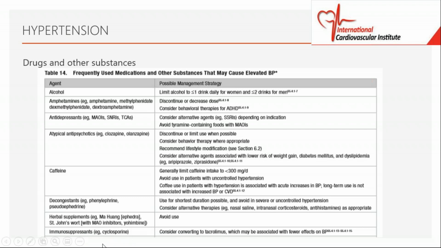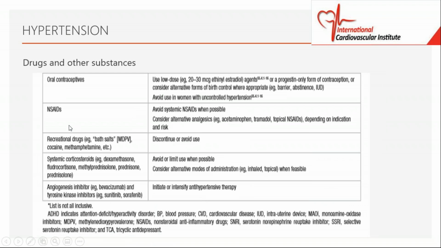People who are doing exams, they love this in exams for whatever reason. The patient is on it, blood pressure was pretty good. They had, say, a heart transplant, and they were put on this. The blood pressure is now elevated, so cyclosporine is a relative. Oral contraceptives, NSAIDs.